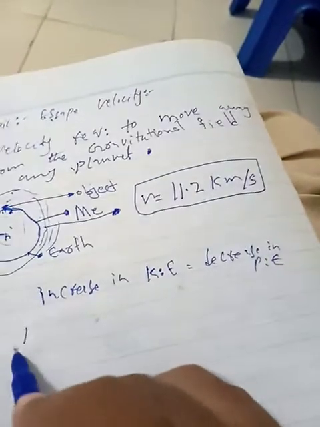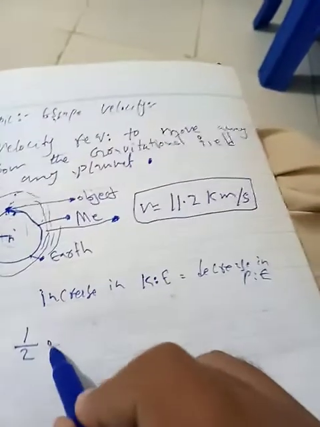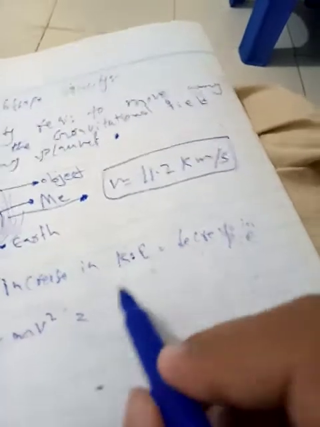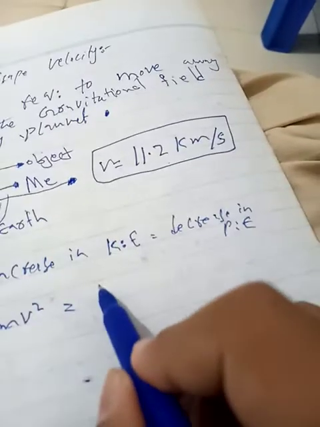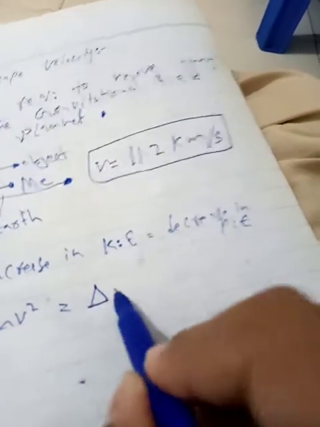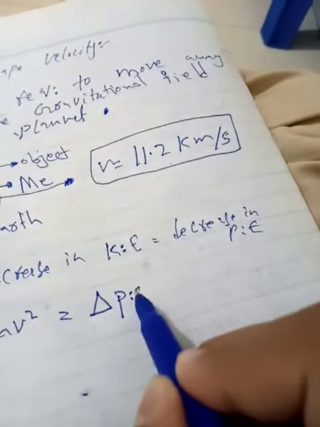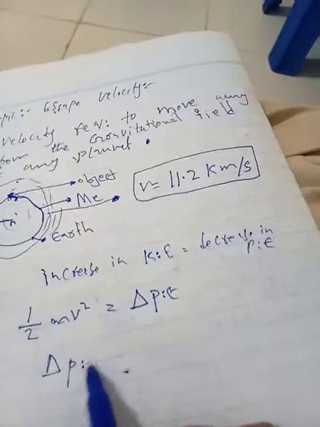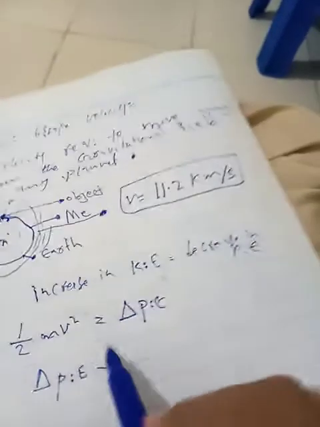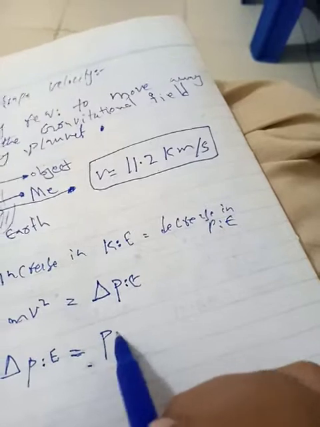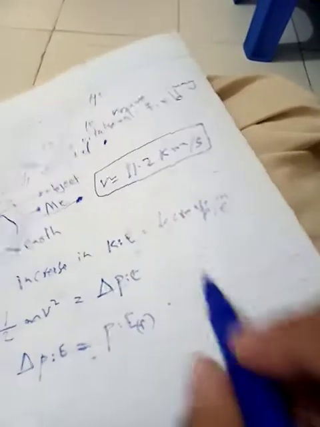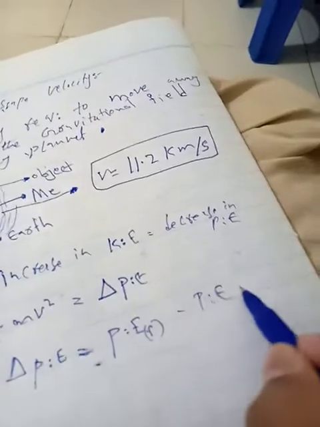So for kinetic energy we have the formula half mv square, equals, for the decrease in potential energy, we will write delta potential energy. For finding delta potential energy we have this formula: potential energy final minus potential energy initial.